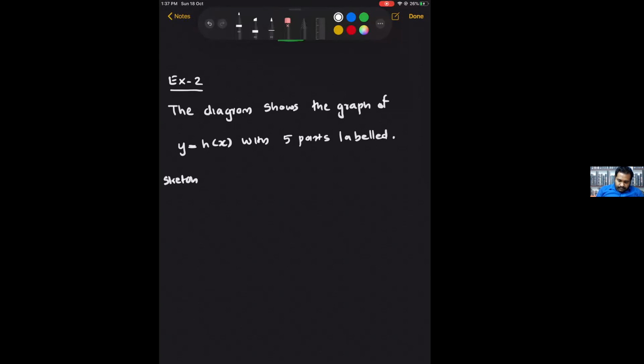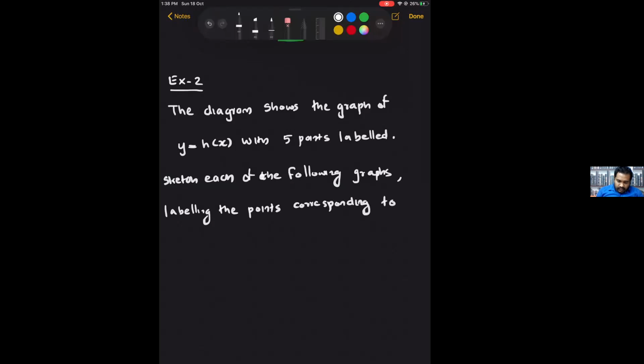Sketch each of the following graphs, labeling the points corresponding to A, B, C, D, and E.